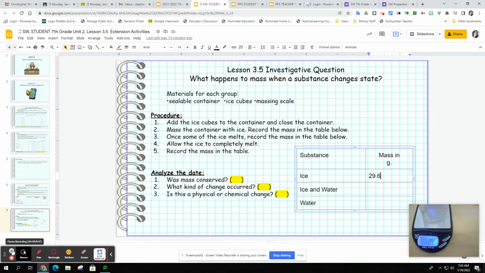Huh, look at that. So that is interesting, isn't it? We started out at what, like 29.89.